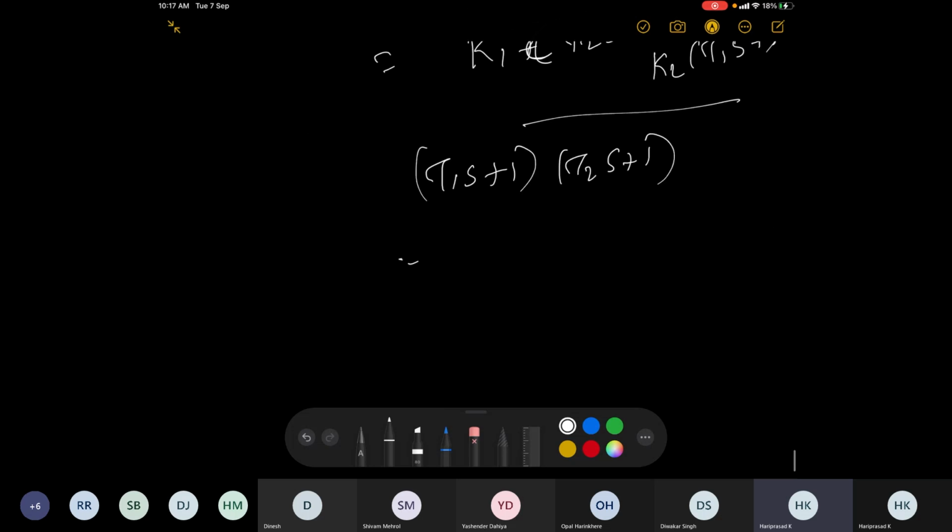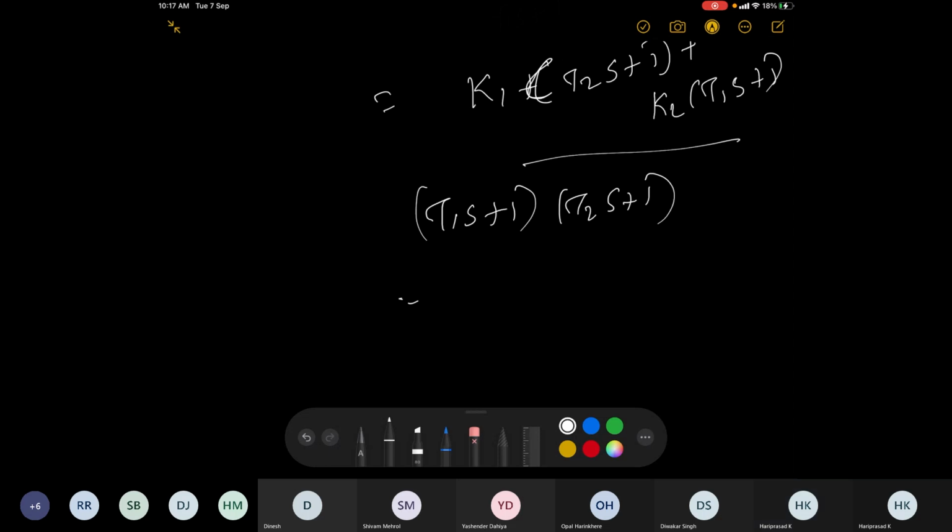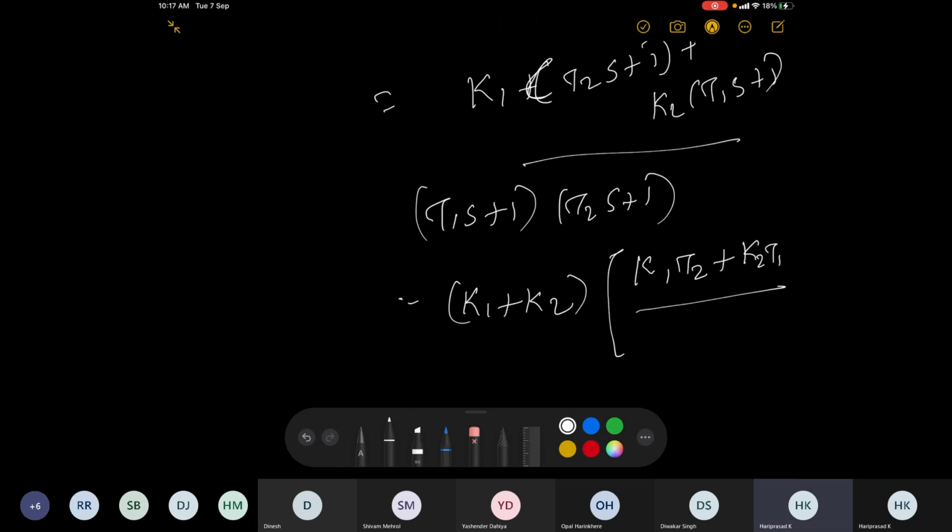You can further simplify this. Eventually it would be K1 plus K2, because K1 is everywhere and K2 is everywhere, and then K1 tau2 plus K2 tau1, divided by, of course, K1 plus K2, times S, plus 1.